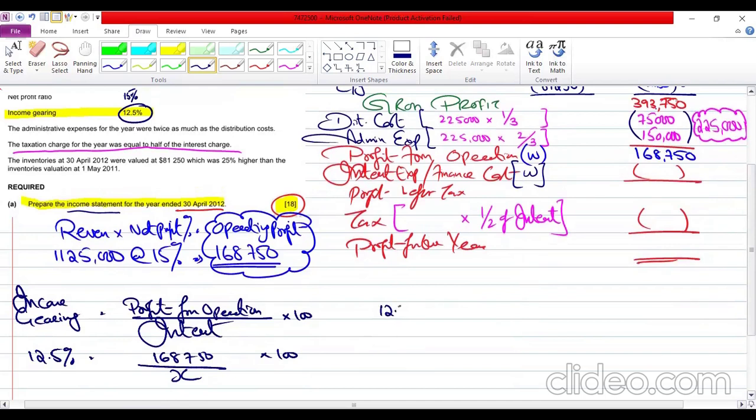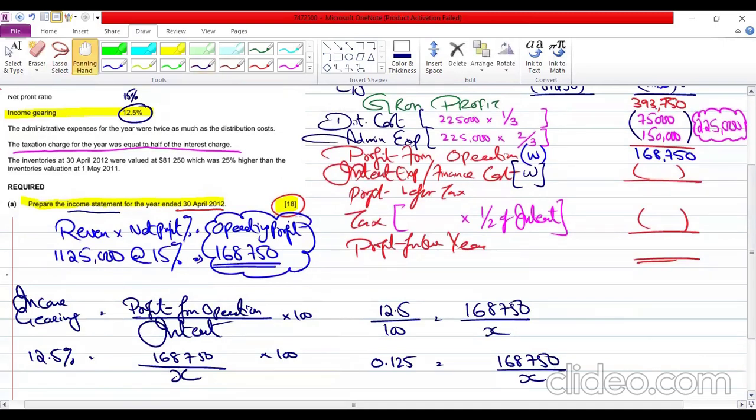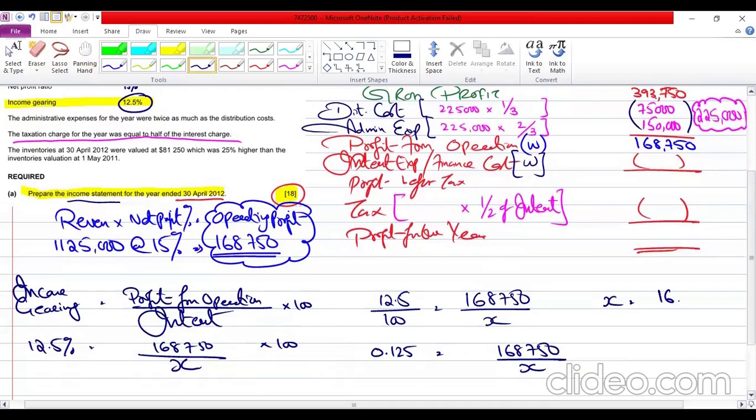12.5 divided by 100 is equal to 0.125, which equals 168,750 divided by x. What next? X will be on the other side, 168,750 divided by 0.125. How much is the answer?